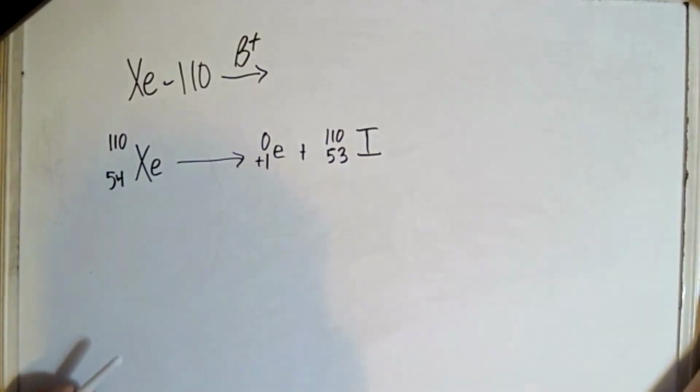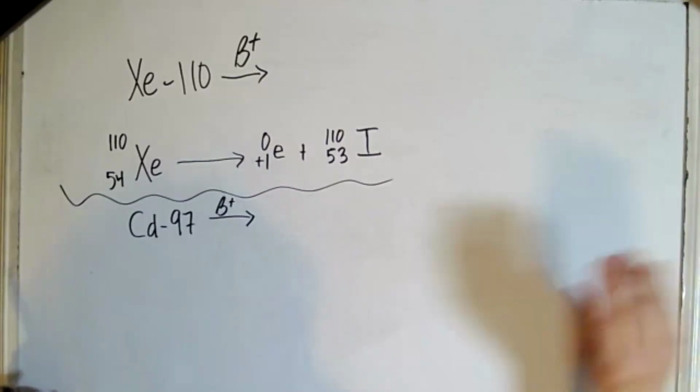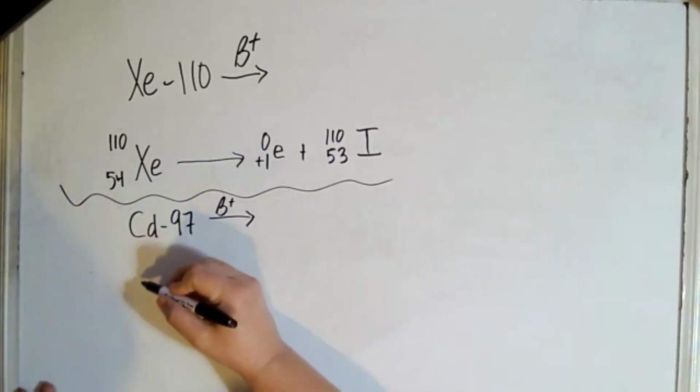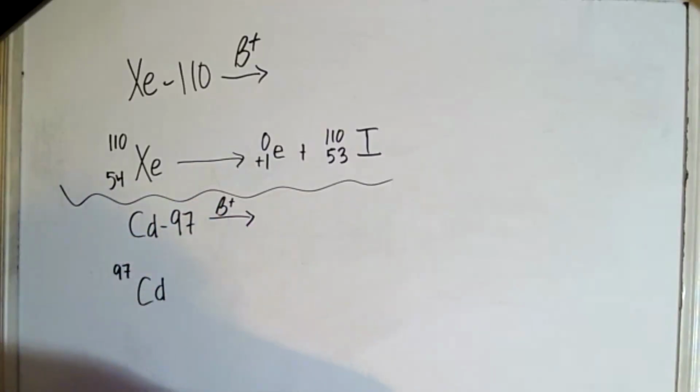And let's look at one more example of the positron emission. And that's going to be for cadmium 97. Okay, so we write down our Cd 97, and then we have to find our cadmium.